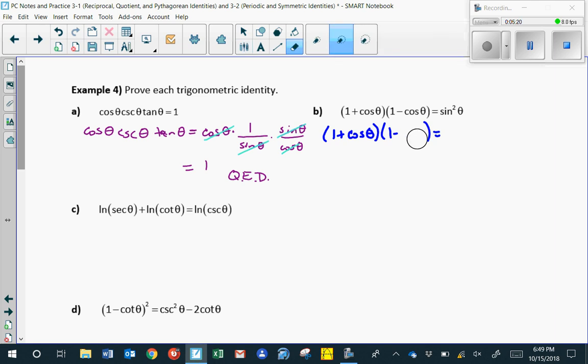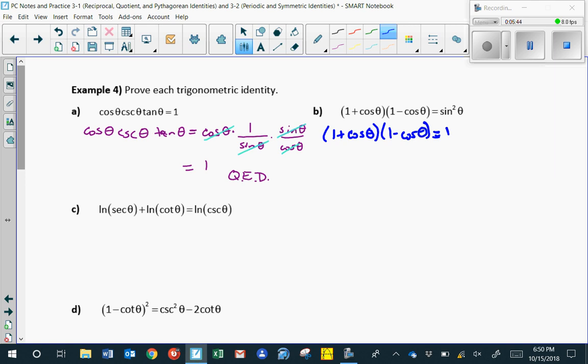That was 1 minus cosine of theta. And we're going to continue to re-express that until we get sine squared of theta. So I think the first thing that we probably ought to do is to FOIL. When we multiply two binomials together, we can use the FOIL method.